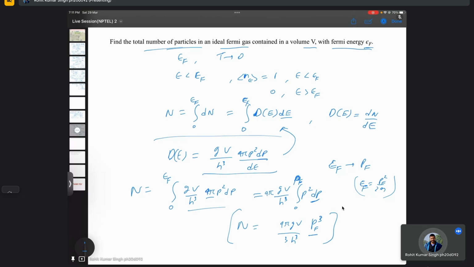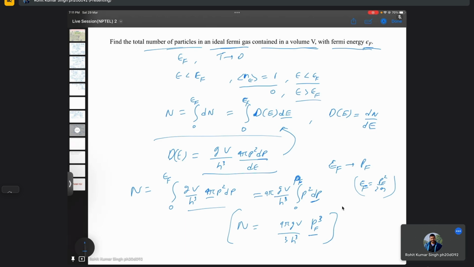So in this particular problem, what I have calculated is the total number of particles in an ideal Fermi gas contained in a volume V with Fermi energy EF. I just explained that the Fermi energy is that energy below which the occupancy of all the states is 1 and above it the occupancy is 0.